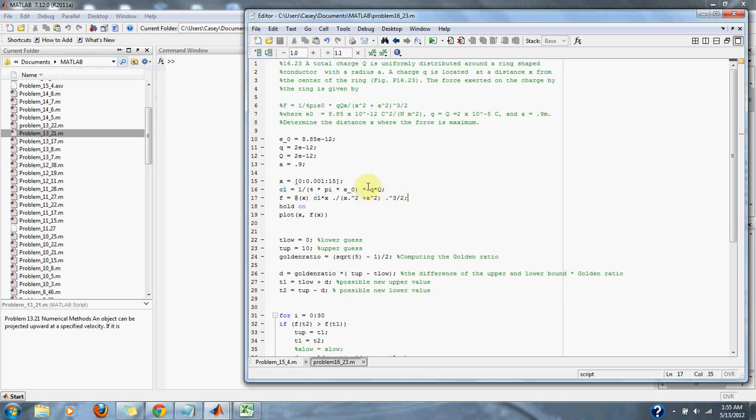Just another way to rewrite this equation. And so then we plot our equation, and we have to find the maximum point. So we have to use an algorithm to find the maximum point.